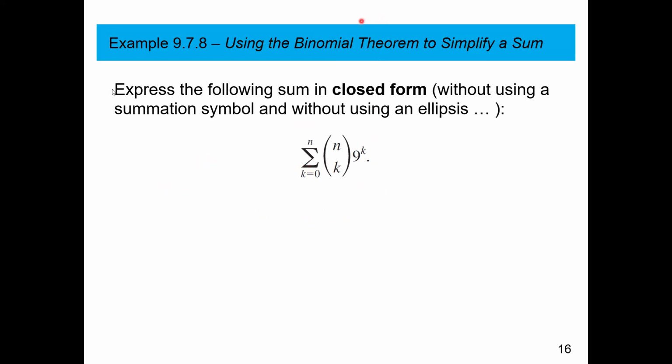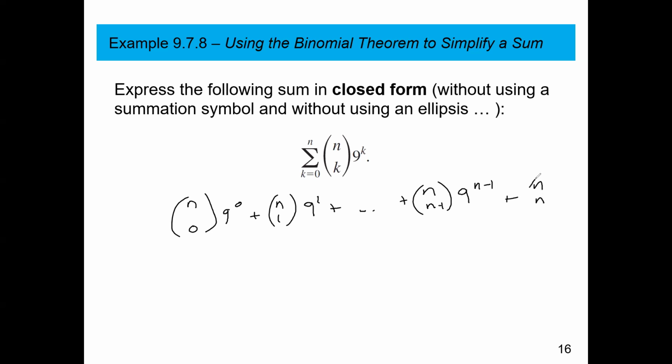If I was writing it out as sums, as a reminder, the first term would be n choose 0 times 9 to the 0, plus n choose 1 times 9 to the 1, plus, up to n choose n minus 1 times 9 to the n minus 1, plus n choose n times 9 to the n. Like, oh great, I have to add this whole thing up.